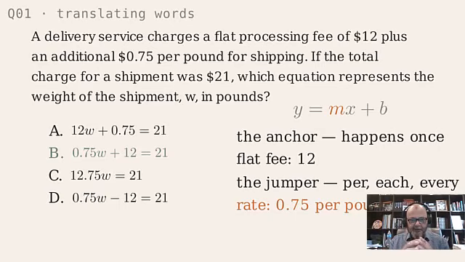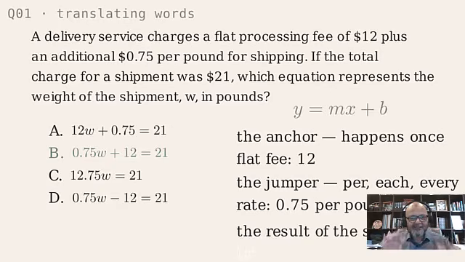In math terms, this is your coefficient, or slope, m. Then the total value is the result of the story. We're told that the total was $21. This represents the value of the entire expression.